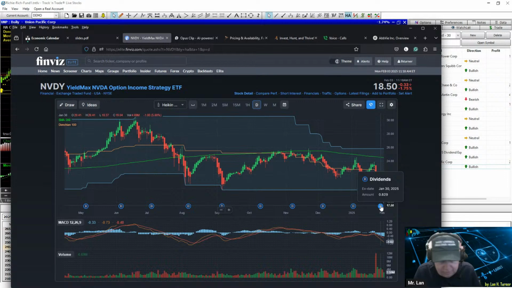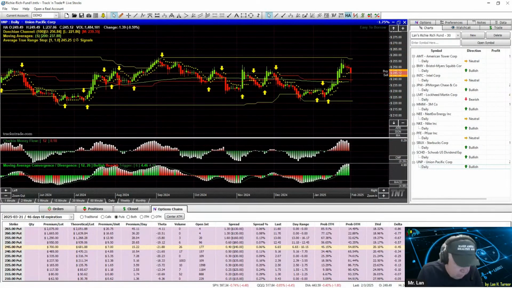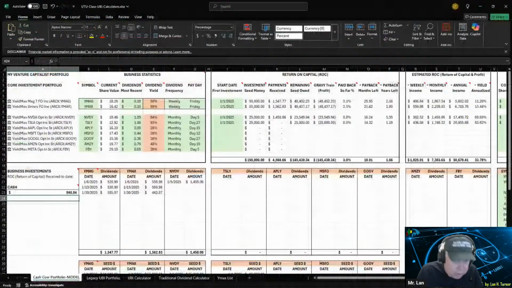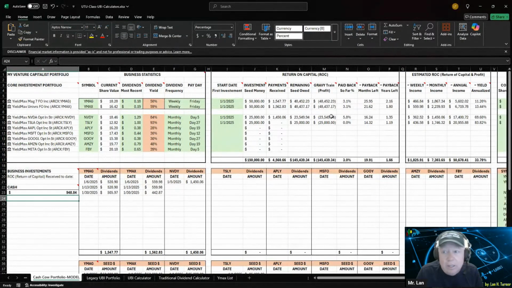You don't have to do the math. 0.829 times how many shares do we have? NVIDIA, number of shares, 1,450. Times 1,450, $1,202. That's a nice tidy little income for us today.